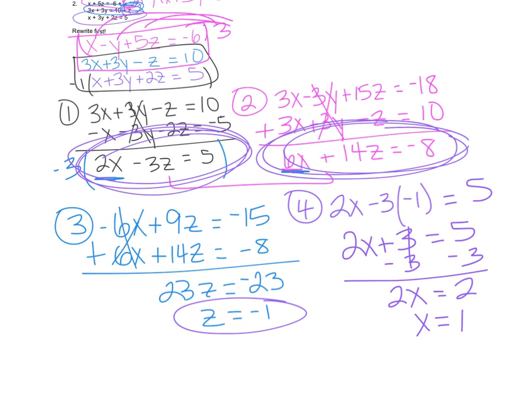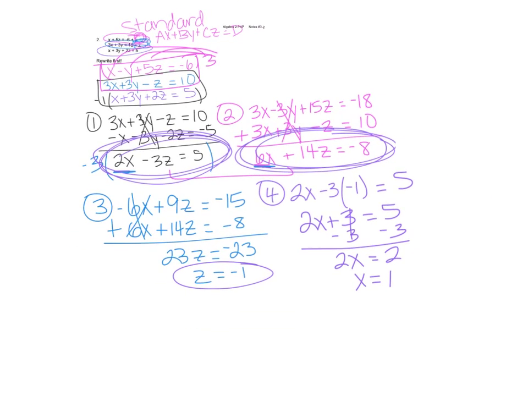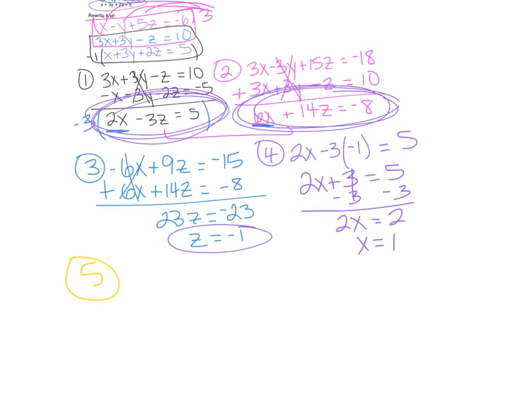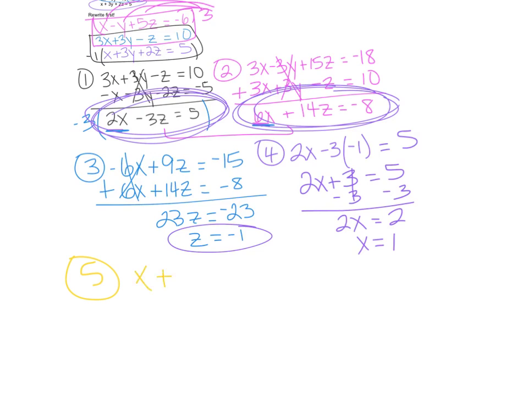Once we know z and x, we can plug into one of the original equations after we rewrote it, or use one of the original, it doesn't really matter. So step 5 is to use one of those original, plug in for z and x, and then solve for y. I'm just going to use that bottom equation at the very top. So I know x is 1.